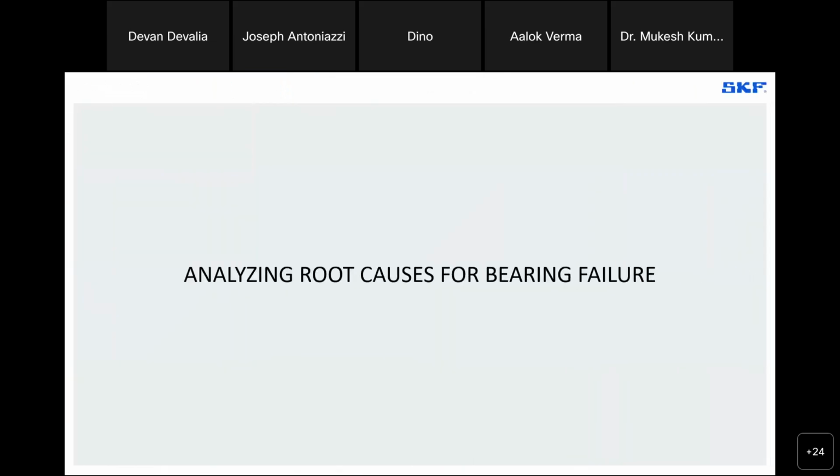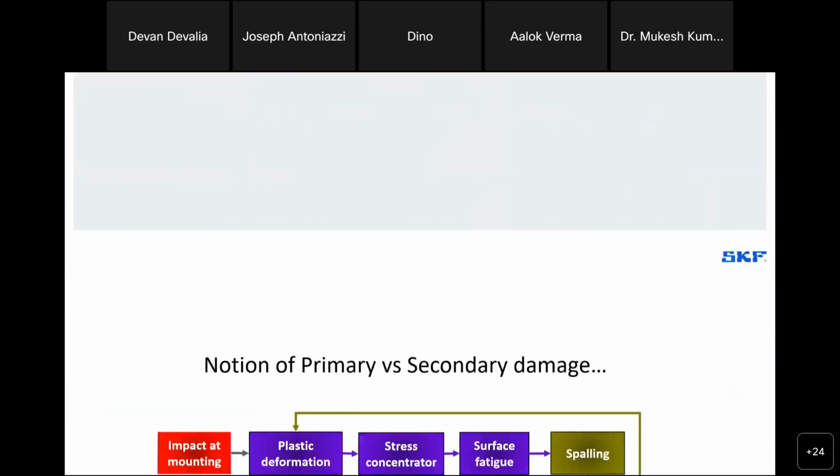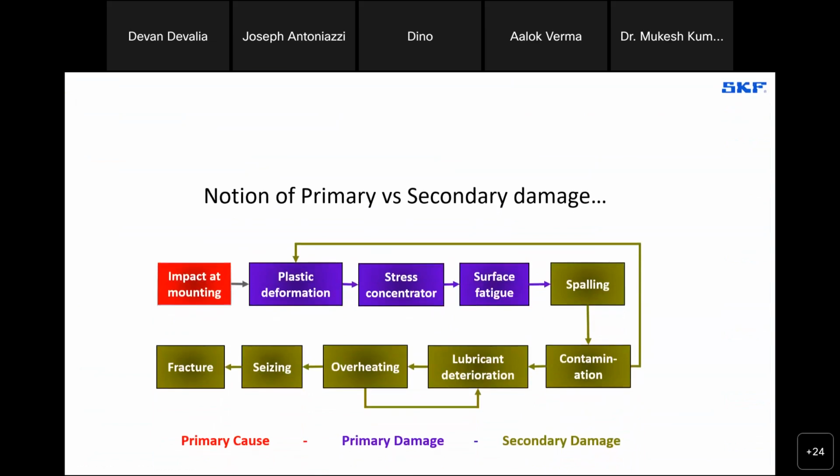Right. So last couple of slides here. The notion of primary versus secondary damage. So now we're talking about the analysis part of it. We looked at some nice slides, nice pictures, really neat, and we might be prone to think that performing failure analysis is very easy, straightforward.